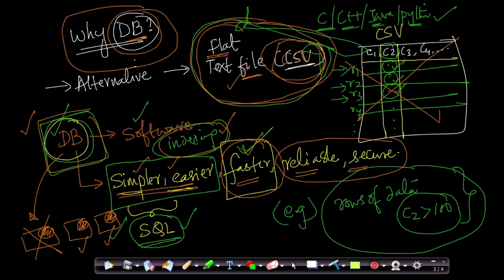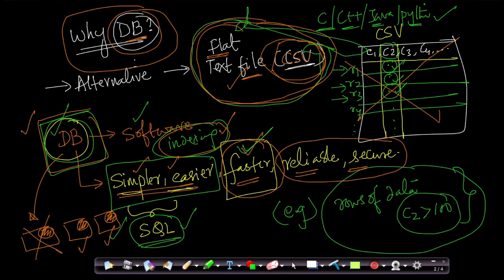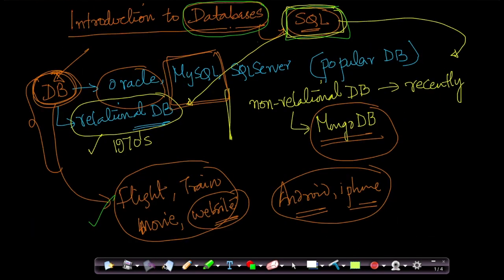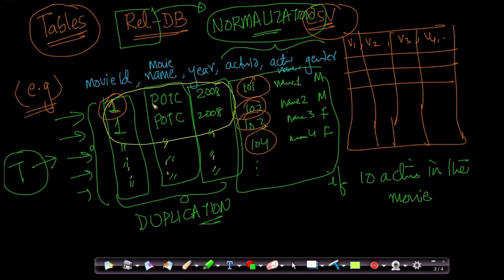Again, remember, I have covered a semester long subject in a very short duration here to give you an overview of a few concepts so that we can understand SQL better. So we have understood what are the databases, what are the popular databases here, where do we use these databases on a day-to-day basis, why we are using a database in the first place, why not just store the data in a simple text file, and most importantly, why are tables very important?